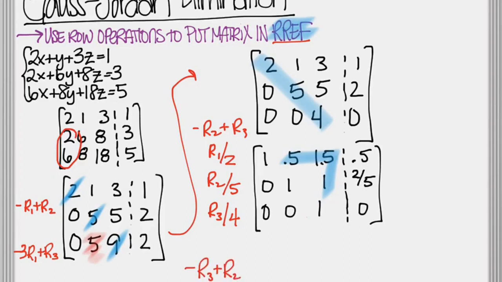I'm also going to clear out this 1.5 up top, so I'll do negative 1.5 row 3 plus row 1. So I'm using the leading one in that bottom row, since there's zeros in these other spots, to help me out with this. And you guys can use a scientific calculator, or use your graphing calculator as a scientific, to help you add and subtract.